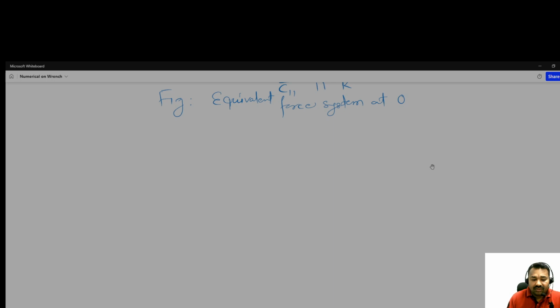Okay, now next, we have to check whether R and CR are perpendicular or not.